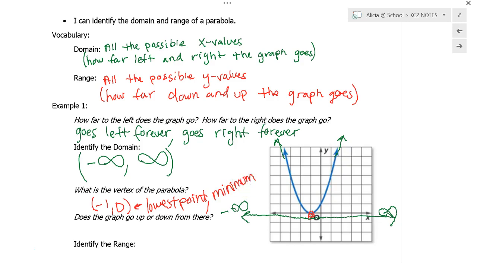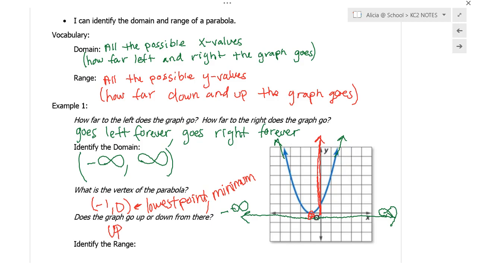Alright, now from that vertex point, does the graph go up or down from there? Well, if this is my vertex, I'm going up, right? So that's going to be all these y values going up forever. So it's going up, which means we'll identify the range.